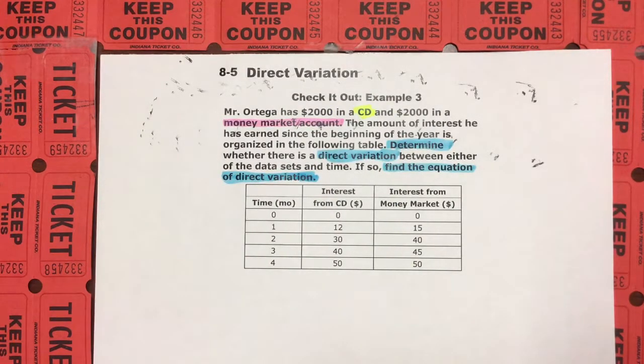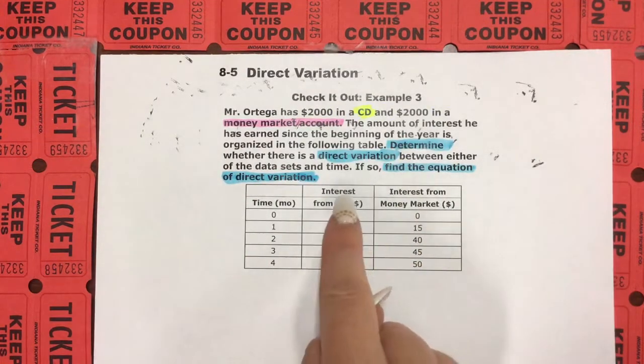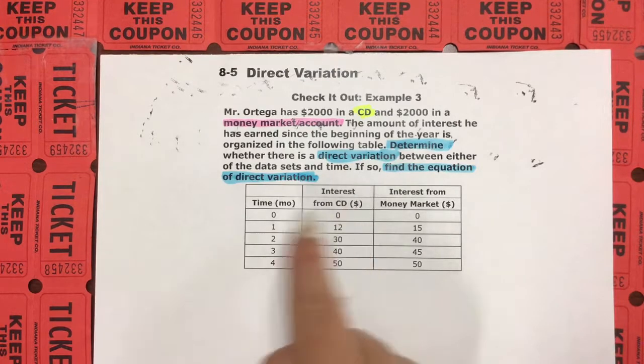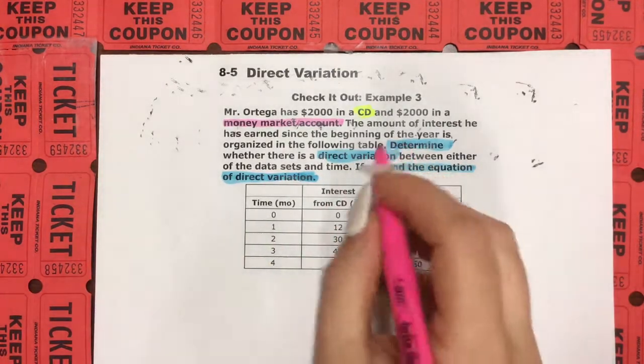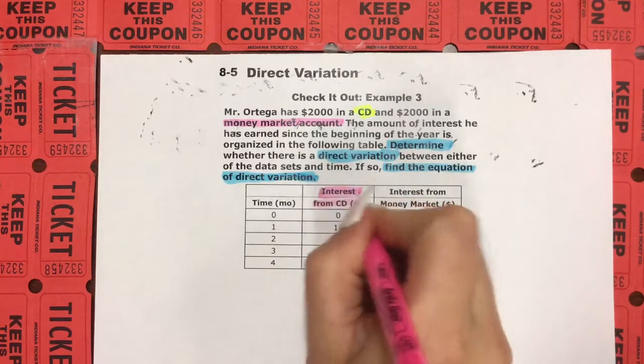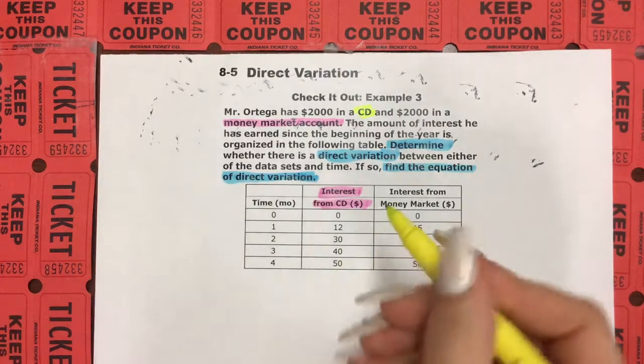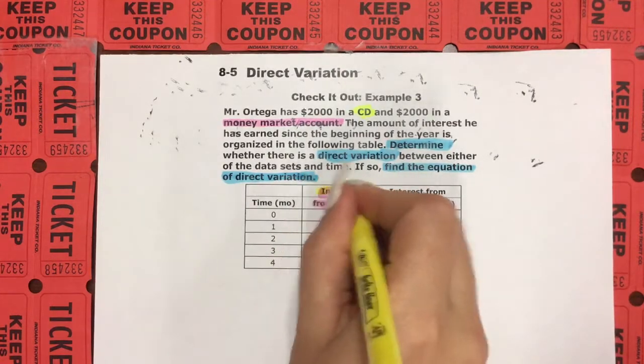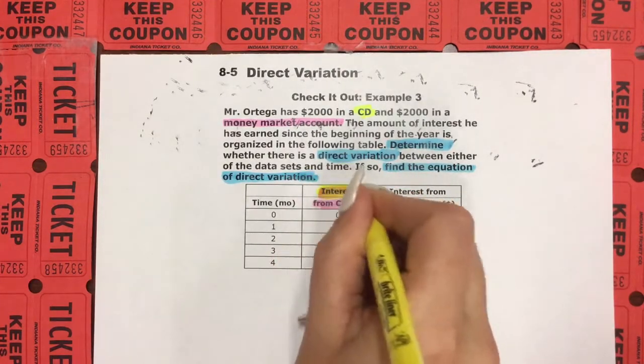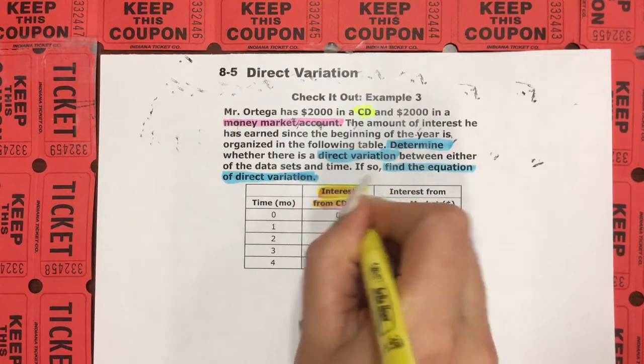All right, so right here we have the interest from the CD versus the time. Right here, that's where that data is. Oh man, I made it the wrong color. Oh shoot. Well, this is what we'll do. We'll make it orange, so it'll all be orange.